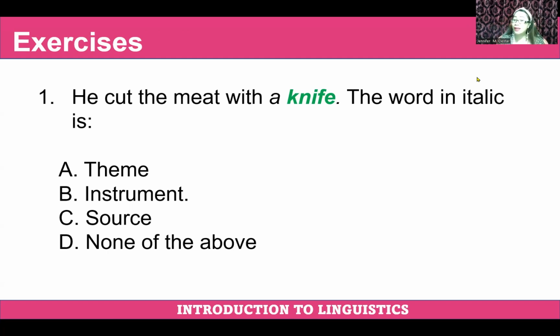He cut the meat with a knife. The word in italic is A, theme, B, instrument, C, source, D, none of the above. So you have 5 counts to write your answer in the chat box. Okay, let's reveal. The answer is instrument because knife is the one being used to perform the action cut.